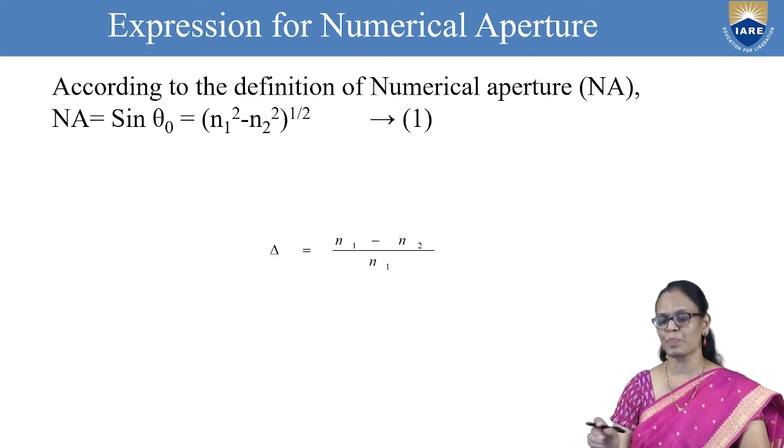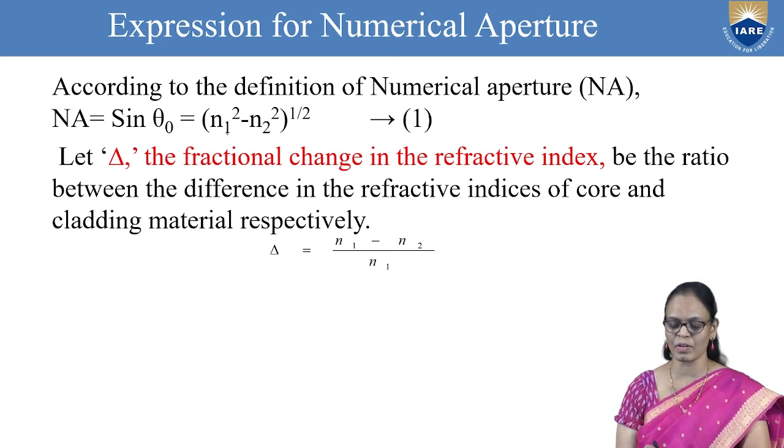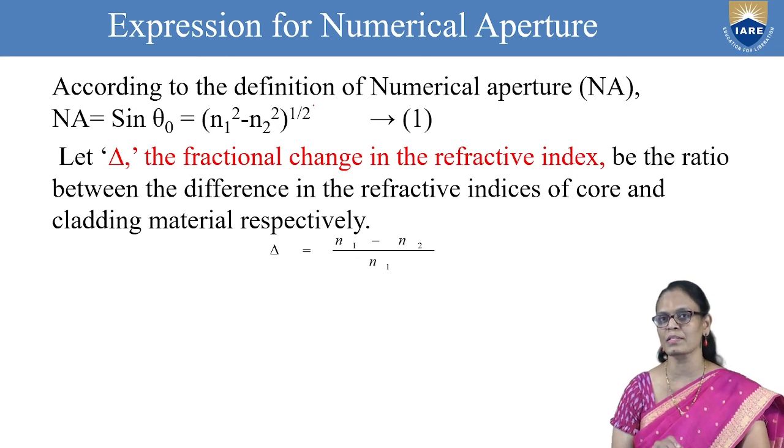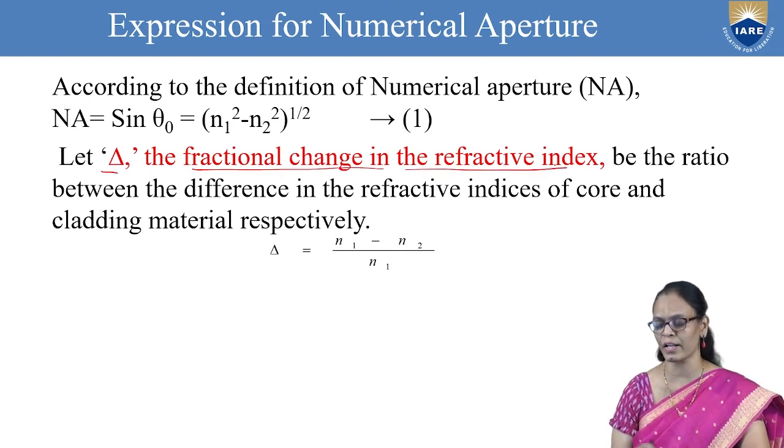Now we are going to express this numerical aperture in a different form in terms of refractive index. According to the definition, NA is equal to sine theta naught, and sine theta naught is equal to under root n1 square minus n2 square, power half. Now let delta be the fractional change in refractive index.